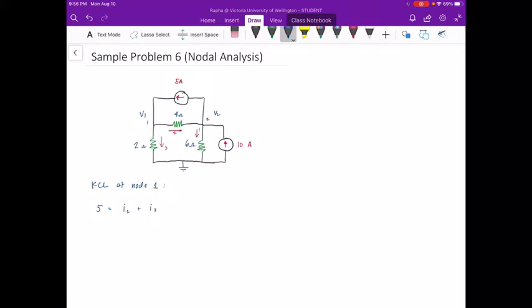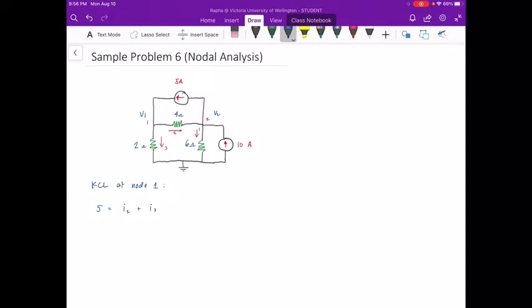Aside from just writing the KCL, what we are going to do next is express the currents by their node voltage equivalent. So we have Ohm's law, wherein I, or current, is equal to voltage over resistance R. We have the value for resistance.